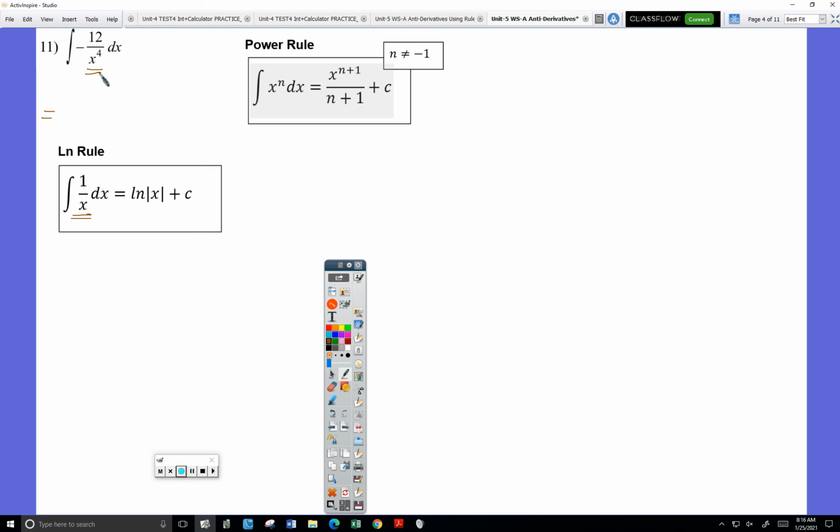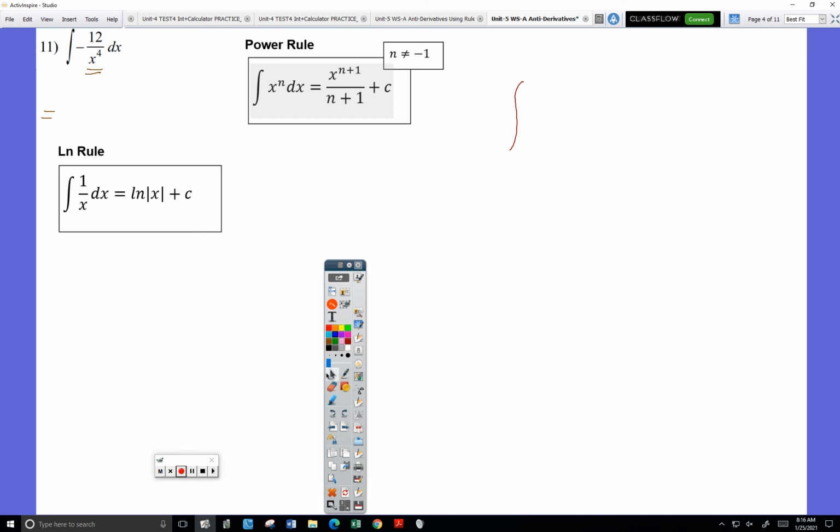Also, let's say that it was 12 over x. Would that still be wrong because it says 1 over x? Good question. Well, let me back up. The 12's okay because I can use the multiplying constant rule to remove the 12.